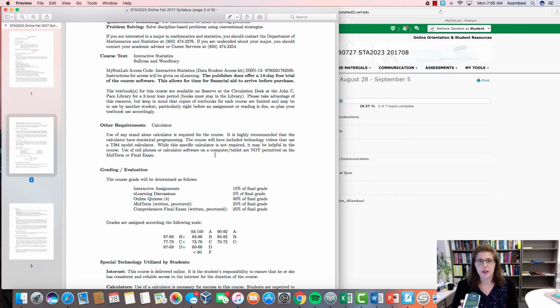So the technology help videos won't apply to you if you're using this calculator. They will only apply to this calculator. Really, it's up to you, whatever you are comfortable with and can afford. The 84 does make the course a little simpler, but some people are intimidated by the big calculator too. So if you're one of those people, get something reasonable and less expensive.